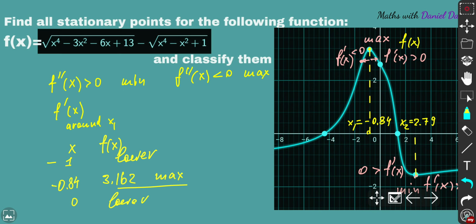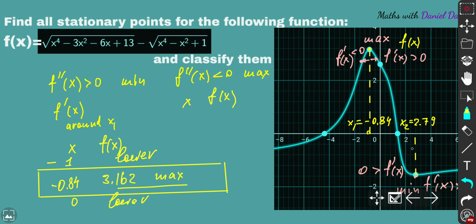Okay, so we've got the first maximum value corresponding to one stationary point, and in the same way we can explore another point, which is 2.79, and estimate that this is the minimum value. If we plug the value in, we'll get negative 1.547, which is the local minimum, okay?